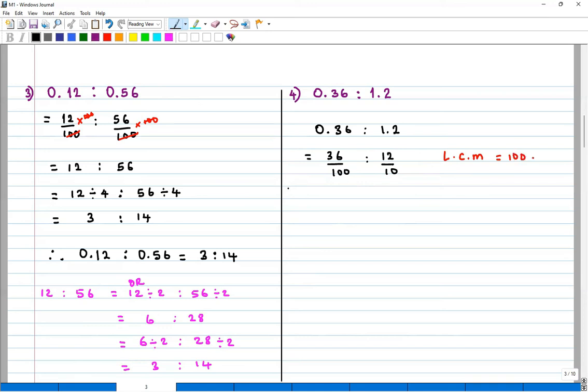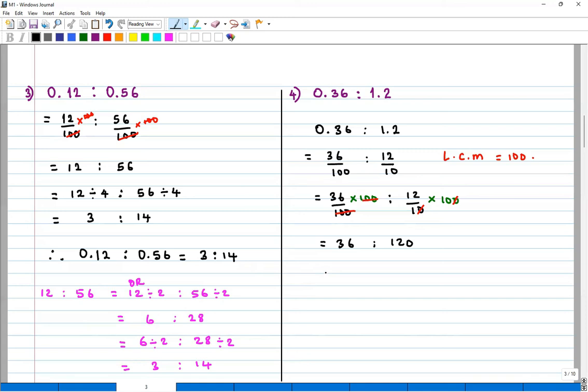Go ahead and multiply each fraction by the LCM. So we get 36 out of 100 times the LCM, that is 100, to 12 out of 10 times the LCM, which is 100. Okay? Now, this 100 goes with this 100, this 0 goes with this 0, so that we remain with 36 to 120.